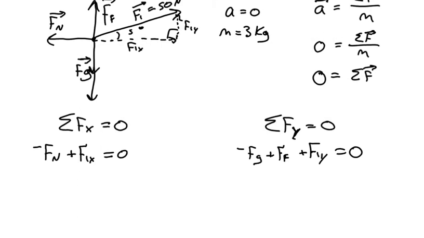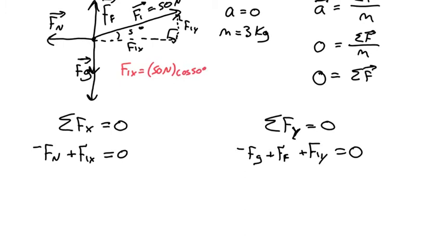Okay. Now, I can see here then that since I have spots in my equations for F1x and F1y, that I am indeed going to need to solve for those values. So just to keep it separate from the rest, I'll put in here that F1x in red is equal to 50 newtons times the cosine of 5 degrees.